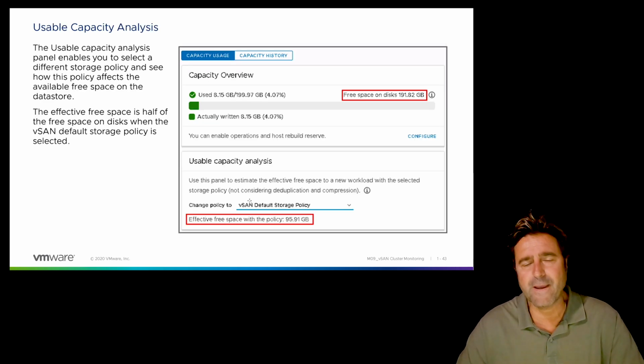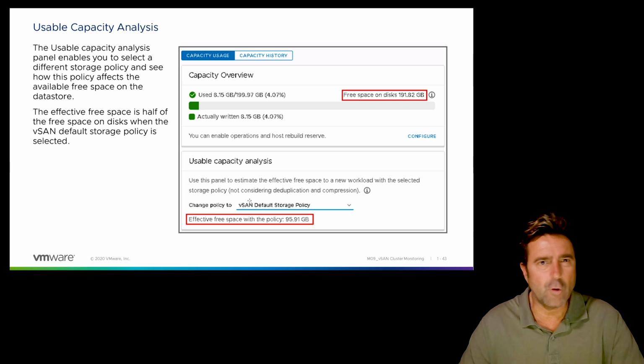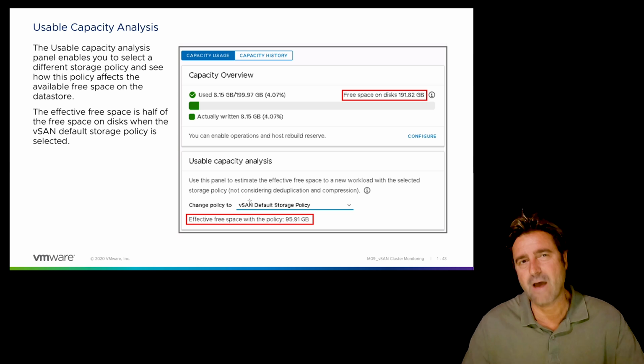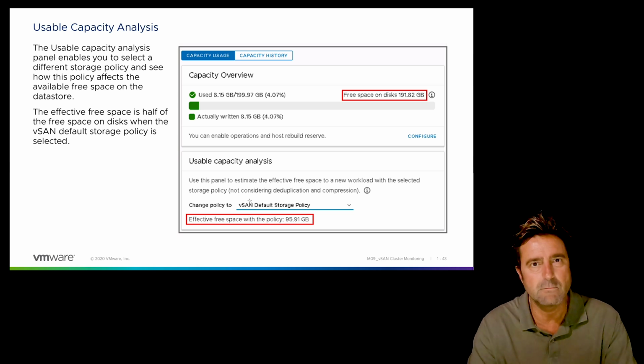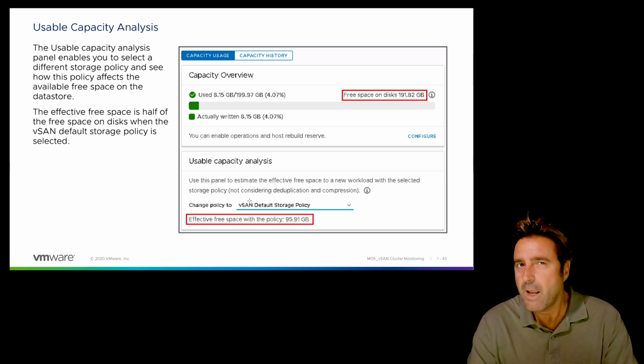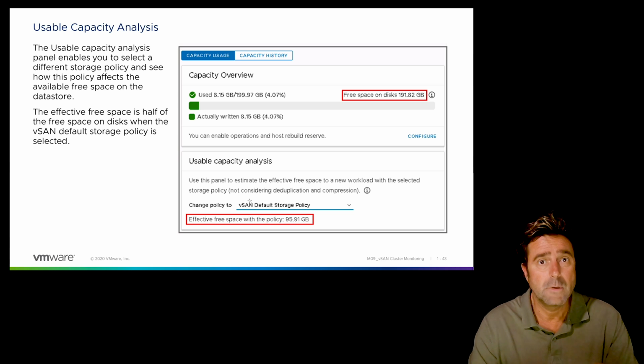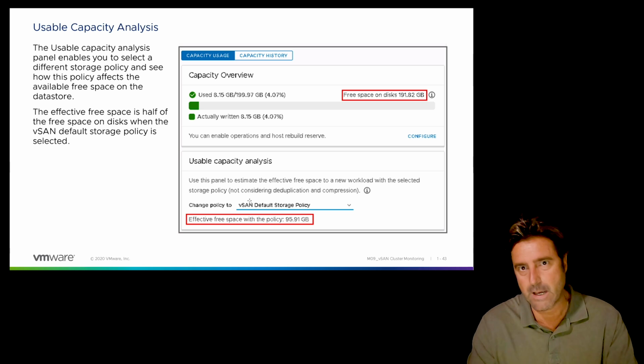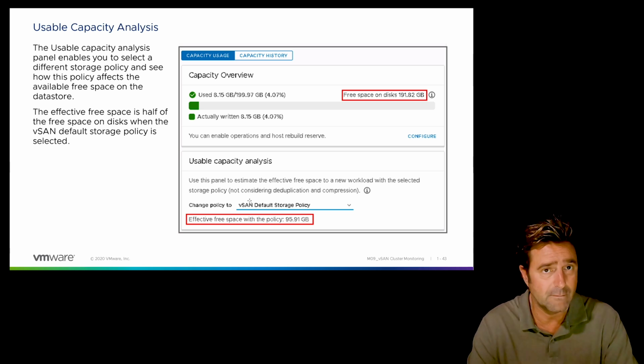Now, when we look at this page, remember, you may see, for example, that you have 100 gigs available, but that doesn't really mean that you have 100 gigs of unique space. Think about it. If your VMs are two-way mirrors, and it says you have about 100 gigs free, in this case 191, realistically, you only have space for half of them.